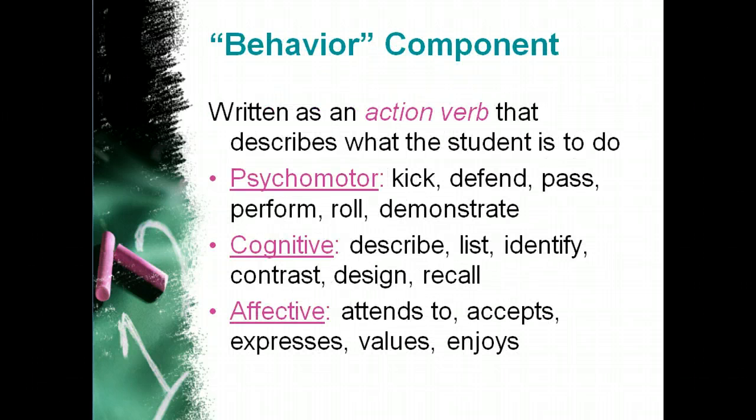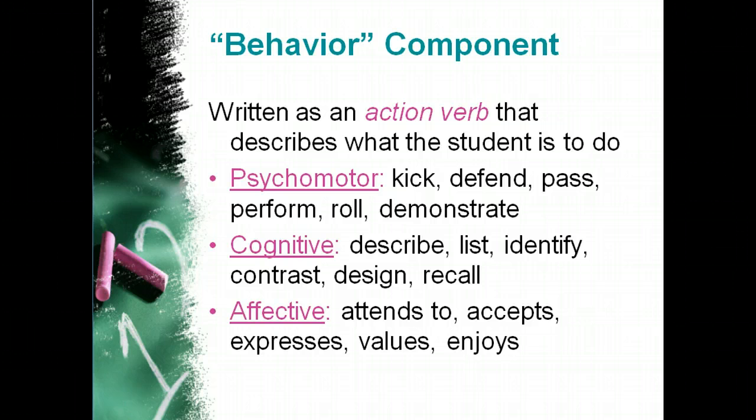The behavior component of a lesson objective is written as an action verb that describes what the student is to do. And again, those are in the three domains, and here we have some other examples of behavioral verbs that go with the domains. As I said before, the taxonomies I gave you are important because they describe different levels of cognitive thinking, affective behavior, or motor behavior.